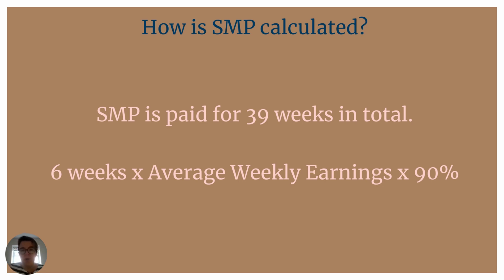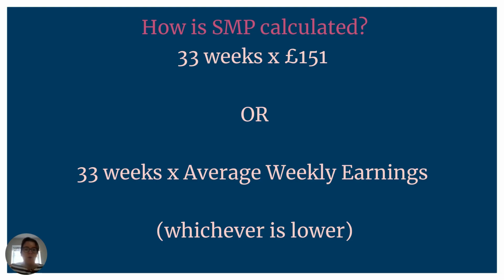Others who follow this to the letter will reduce it to that 90% figure. So you have your 6 weeks at that higher rate, based on your average weekly earnings, and then you get 33 weeks at £151, and it's something like 20 pence.